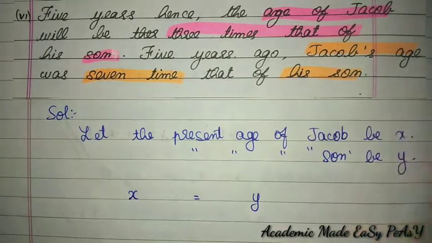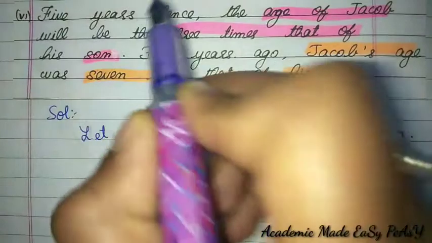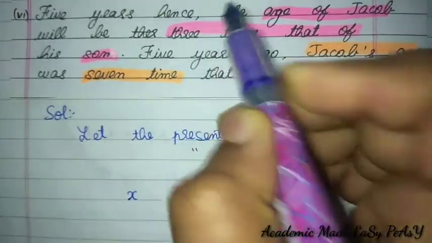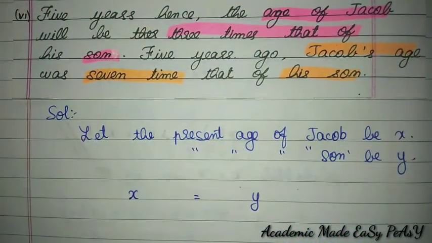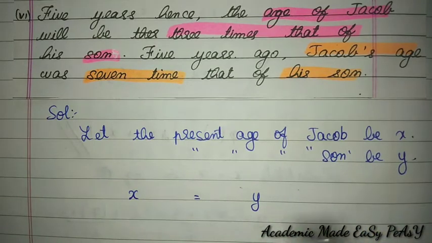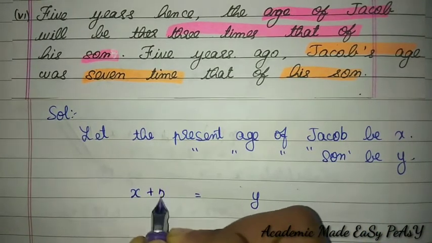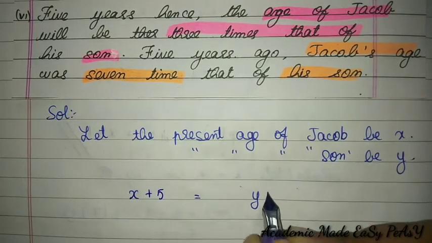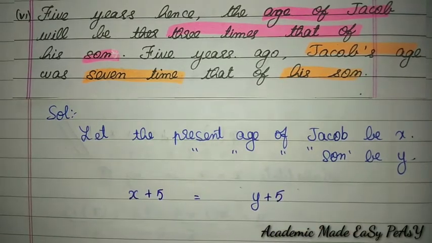So now start reading out the question. 5 years hence. 5 years hence means what? From now 5 years. So after 5 years, the age of Jacob will be plus 5. So x, the present age, plus 5 will give us the age of Jacob after 5 years. So plus 5, and even Jacob's son is plus 5. For both also plus 5.